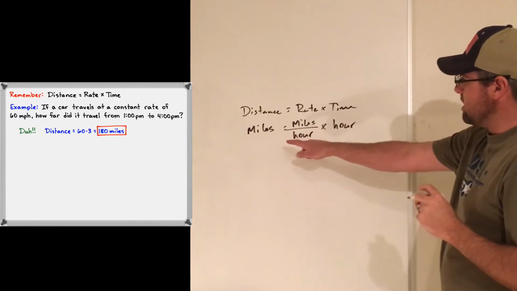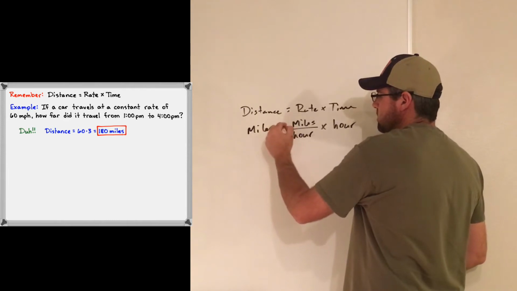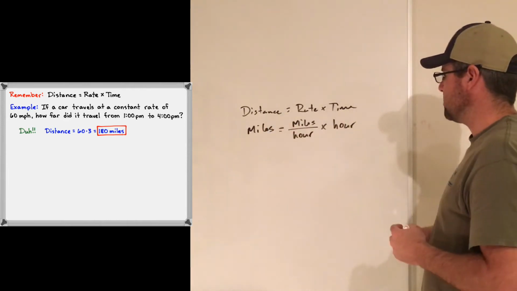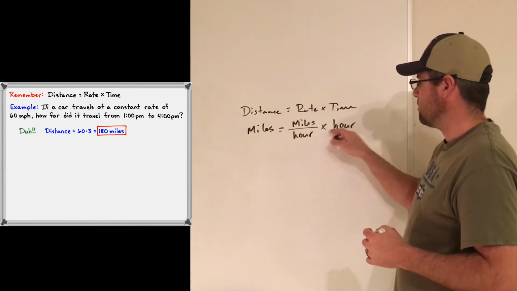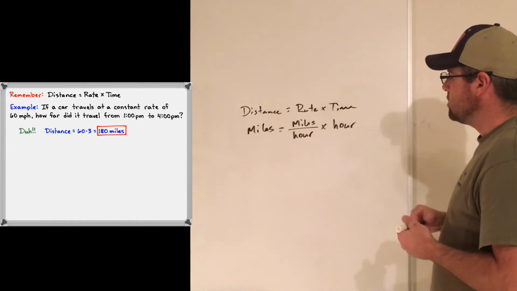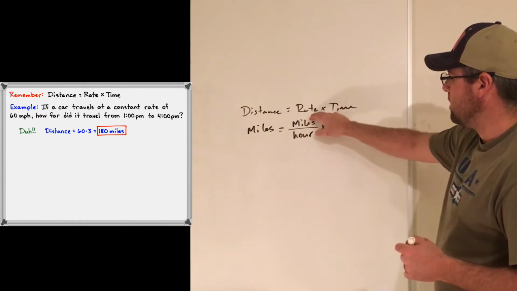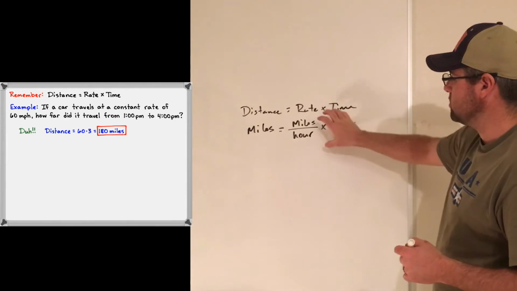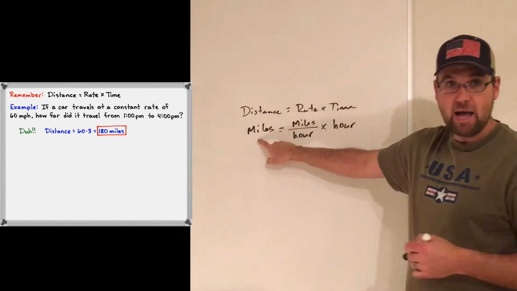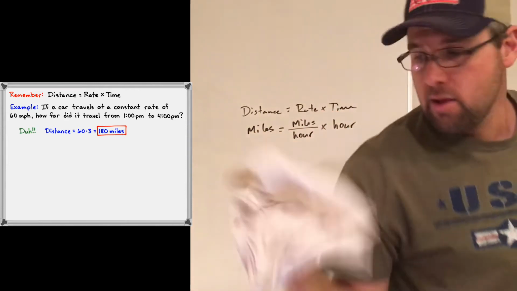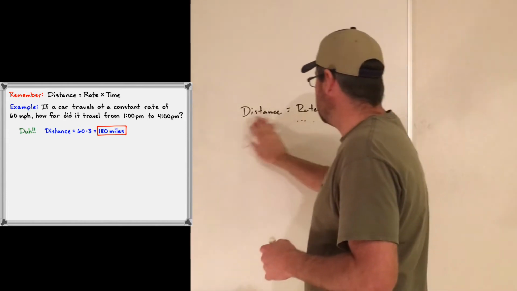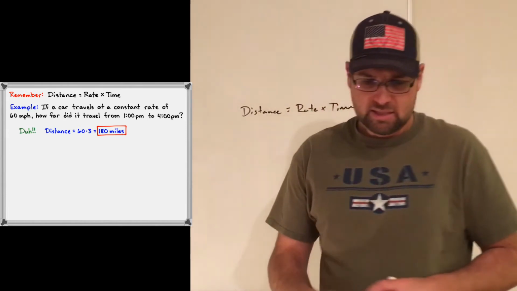And so you can see that the units work in terms of the algebra. The hours are going to cancel out, and you're left with miles equals miles. So when I take the rate times the time, we get miles per hour times hours, which reduces to miles there, okay? So that is going to be our foundation. Distance equals rate times time.